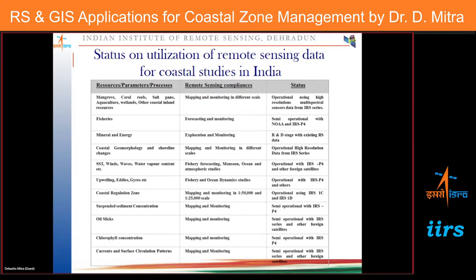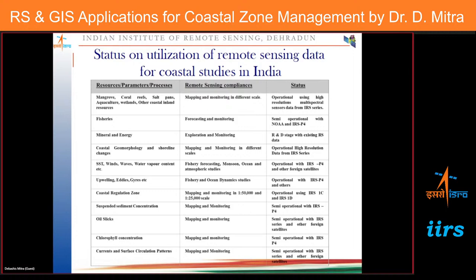It has been proven that we can do it with various kinds of Indian remote sensing sensors and other foreign sensors. Coastal Regulation Zone, which is important to see what kind of prohibited and permissible activity there is in the coast, and also the mapping of the CRZ, which has been given by the Ministry of Environment and Forest, and that mapping and monitoring on a national scale at 1:50,000, and also a few areas at 1:25,000, has been done.